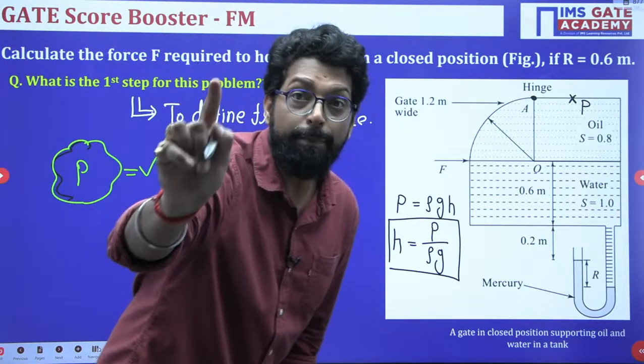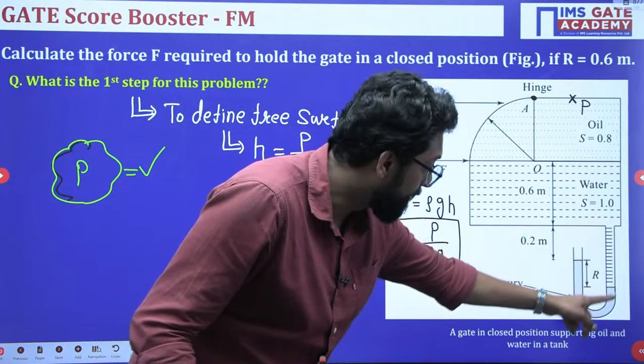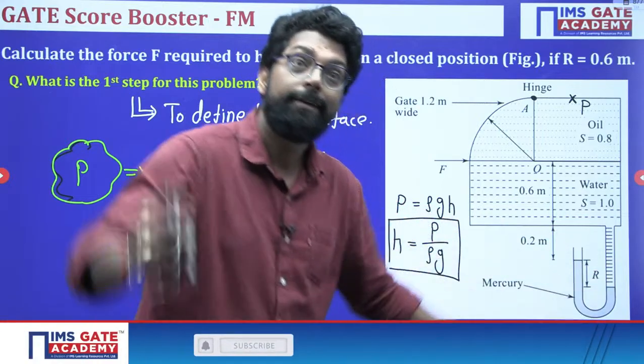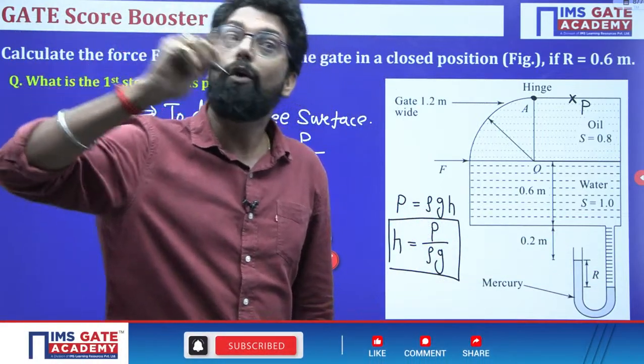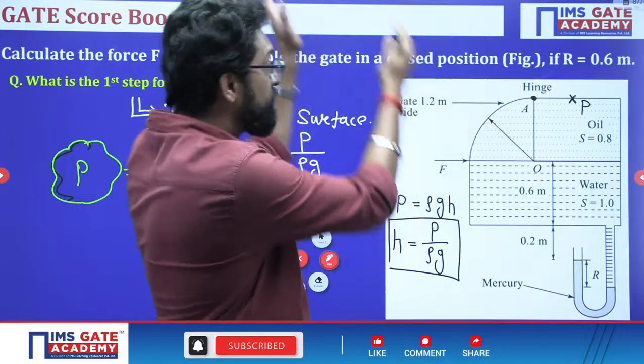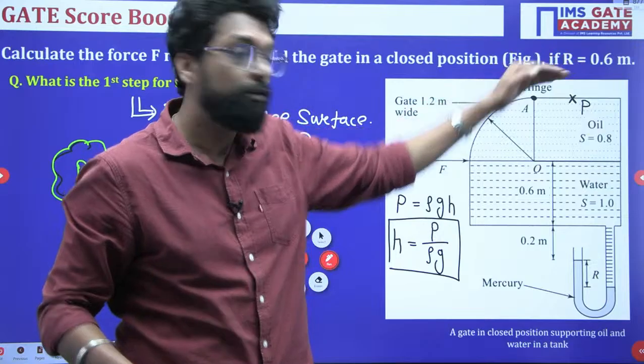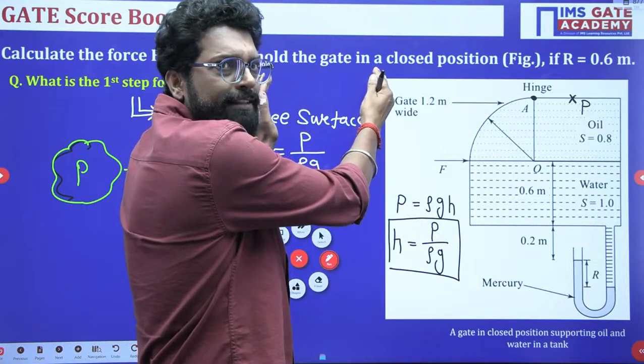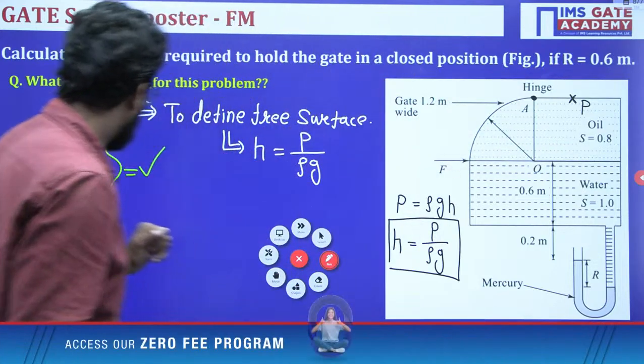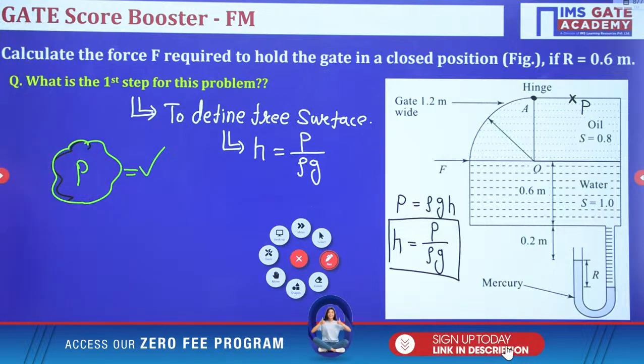For finding P, this is given. Otherwise, you cannot find it. In the previous problem there was also a closed container with an overhead container. Same problem. So how to find it?